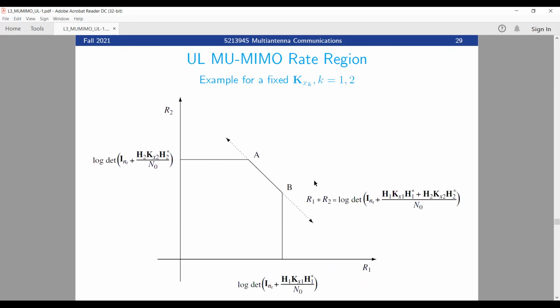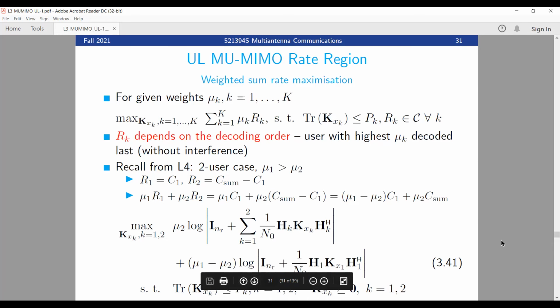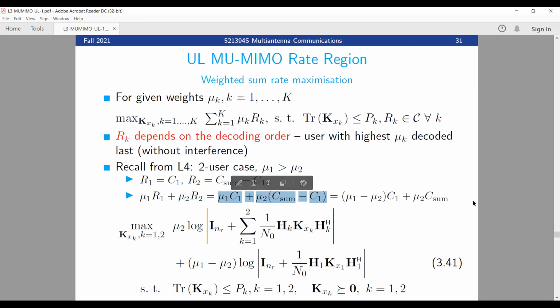So let's see. Now we plug in R2 right here, and C1. Here's what we have. Weighted sum rate maximization is equivalent to mu1 plus mu2 times C sum minus C1, the rate remaining for user 2 after removing the single user capacity of user 1 from the sum.